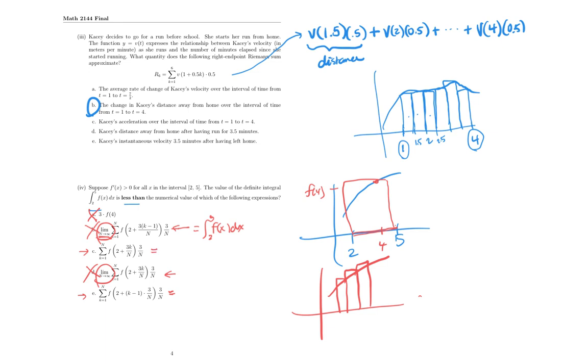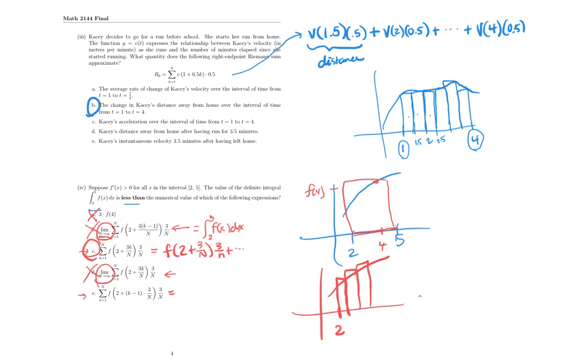When k equals 1 here, I'll have f of 2 plus 3 over n times 3 over n plus dot, dot, dot. So that's saying that I'm scooching over from 2 to here, and my right-hand side is determining my height. So this one is a right-hand sum, so the correct answer is C.